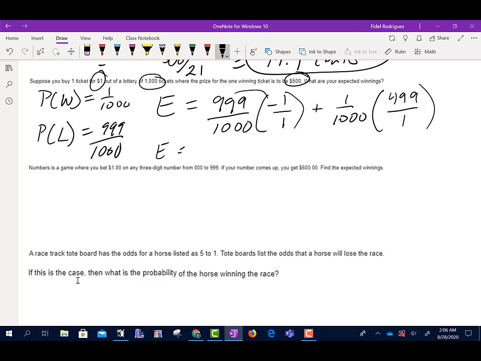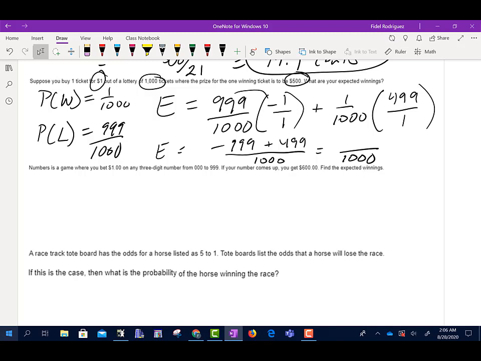So I'm going to multiply again. That's going to be negative 999 plus 499 all over 1,000. Okay, and let's see. Negative 999 plus 499 should be what, 500? Negative, yes it is.